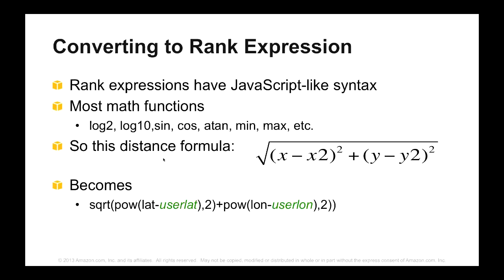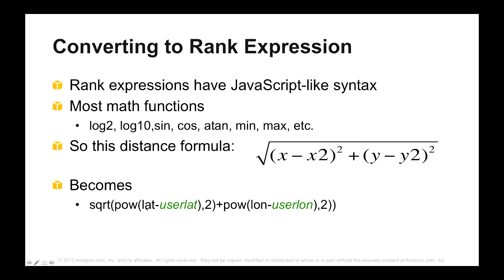Okay, so I'm going to stick with the simplest one for my illustrations here, just the rectangular distance or the Cartesian distance, because it's the only one that fits well on a PowerPoint slide. So rank expressions are kind of like writing JavaScript. It has the standard math functions you'd expect: logarithmic, trigonometric functions, min, max, floor, etc. So we convert the distance formula into something that most programmers will be comfortable with.